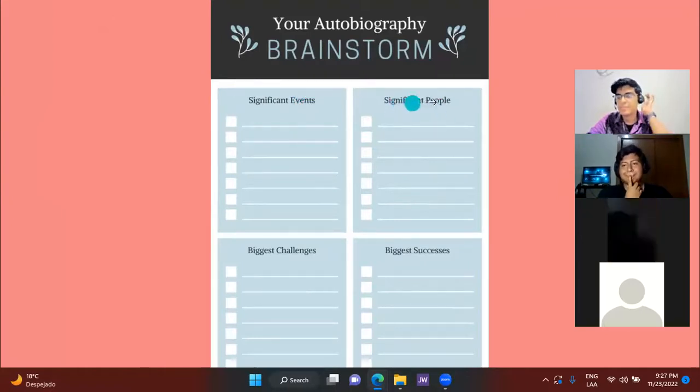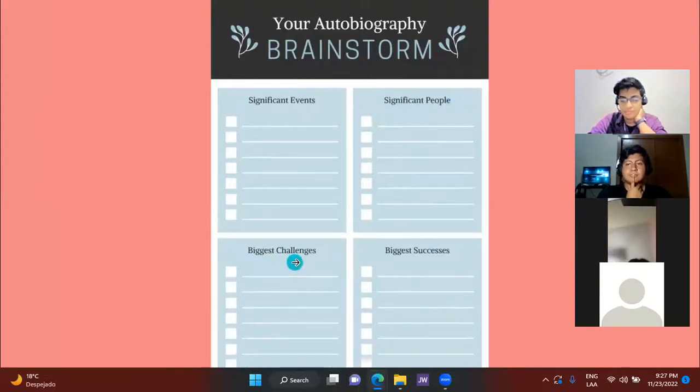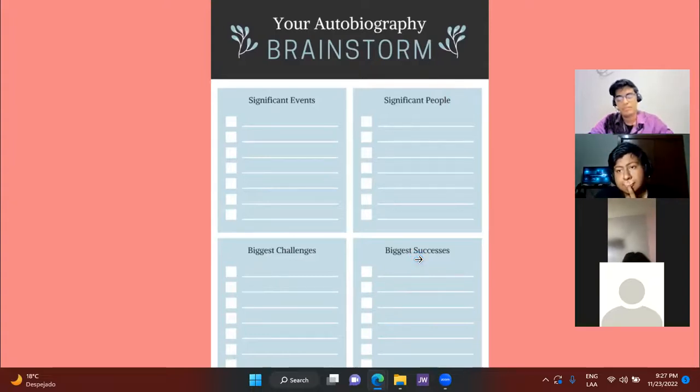Then let's include significant people. It could be family, friends, anyone. Your biggest challenges, maybe college could be a challenge, maybe work could be a challenge, and then you're going to share with us some of your biggest successes. Everyone has different successes, and you're going to brainstorm about that.